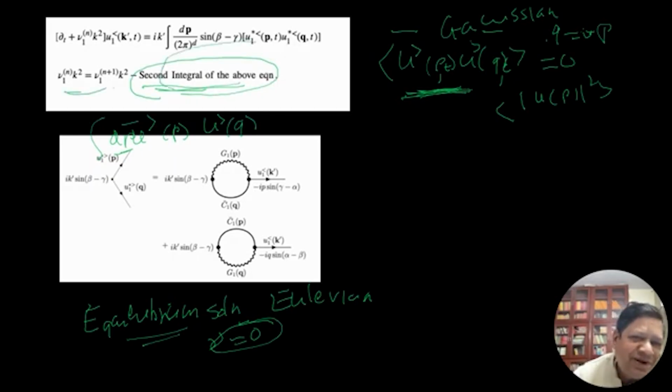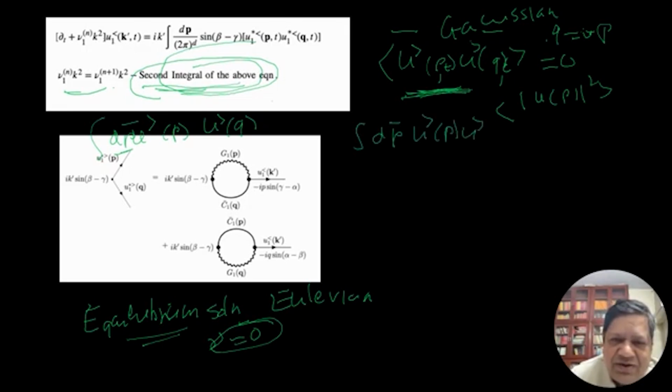So this integral must contribute something. That means U greater, this integral with greater instead of less, should contribute something. That was in the previous slide. I can't go back, but that integral dp U greater P, U greater Q at same time must be non-zero.